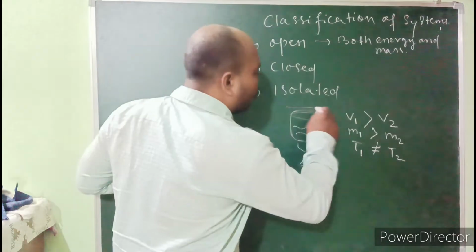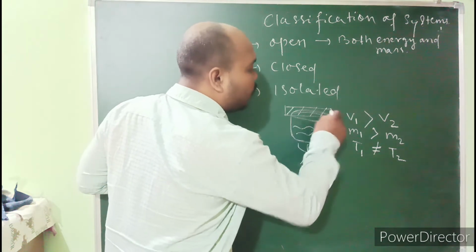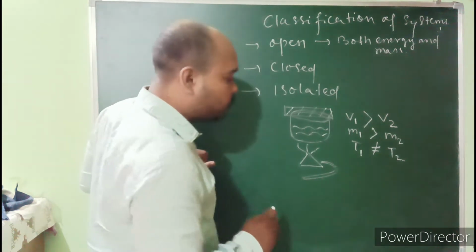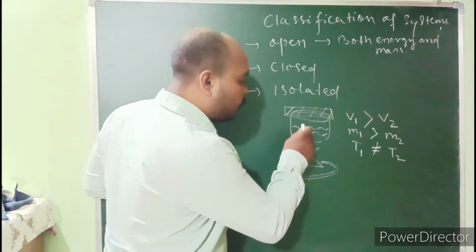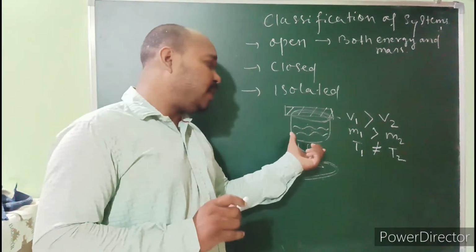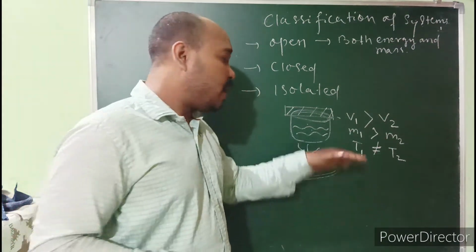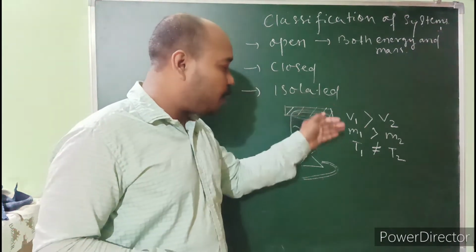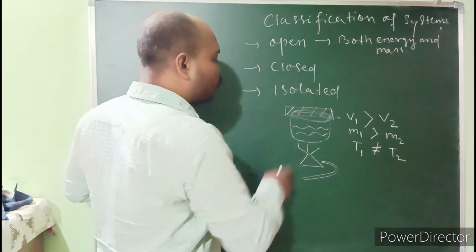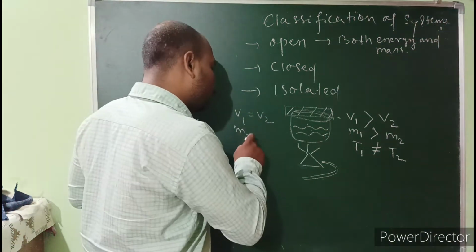Now if I close the beaker and seal it, what will happen? During the transfer of heat energy or during evaporation, the vapors may not escape from the container. After cooling, I will find the same vapors liquefied into the same liquid. So when we close it, V1 equals V2. So mass will also remain constant.